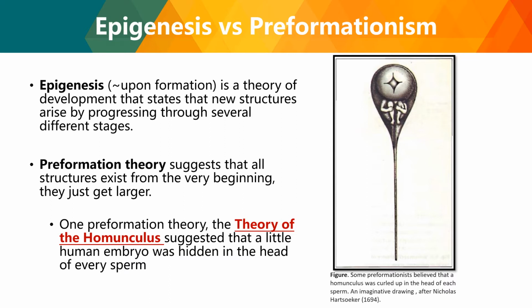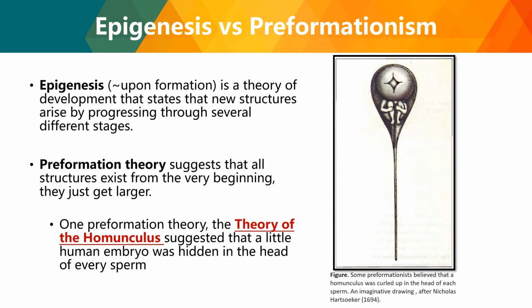Okay? So, one preformation theory that was formulated during that time is actually the theory of the homunculus. It suggested that a little human embryo was hidden in the head of every sperm. So in this drawing that you're seeing right now, it is actually an imaginative drawing after Nicholas Hartsoeker.